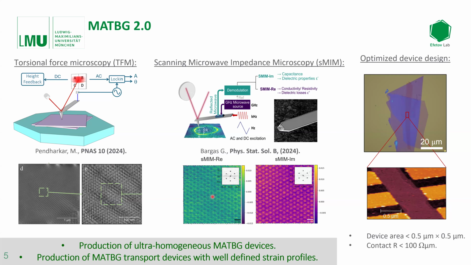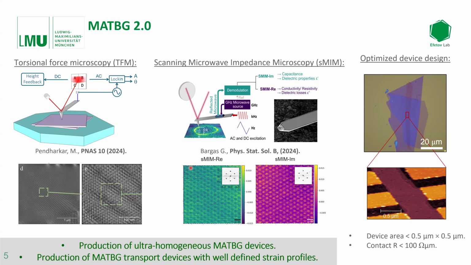So what we are doing right now is that we incorporated a scanning microwave impedance microscopy technique into our clean room, which allows us to image the moire also after the full encapsulation of the devices. So you can actually image through the top layer of the HBN.